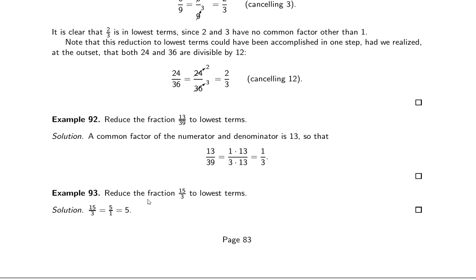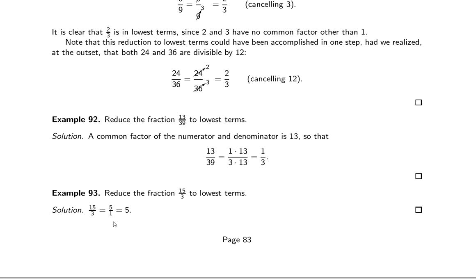Yeah, let's do one more. How about reduce the fraction 15 over 3 to lowest terms? Okay, so here you can see there's a common factor 3. Okay, so 15 divided by 3 is 5. 3 divided by 3 is 1.